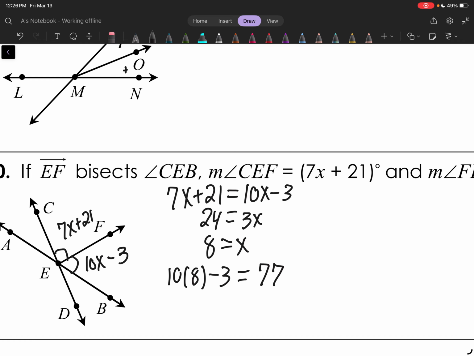And if I plug this into, just to prove it, 7 times 8 plus 21, 7 times 8 is 56, plus 21 is 77. I was doing 8 times 8 instead of 7 times 8 earlier, which is why I confused myself. But 77 on both of them.